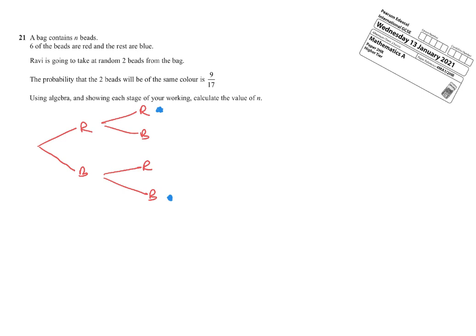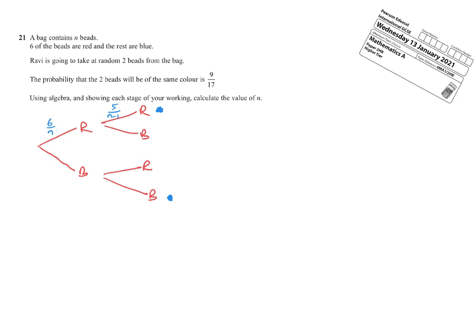Now, I have n beads and 6 of them are red. So the probability of picking a red out first time will be 6 out of the n beads that I have. Once I've taken a red out, I have 1 less bead in the bag and 1 less red in the bag. So the number of reds I have now is 5, and the number of beads left in the bag is n minus 1, 1 less than n.